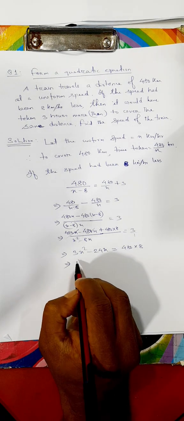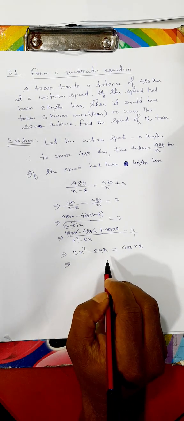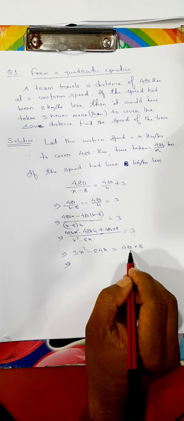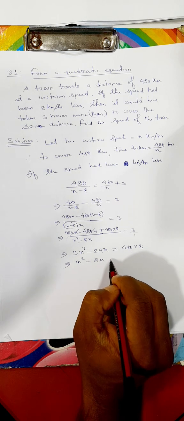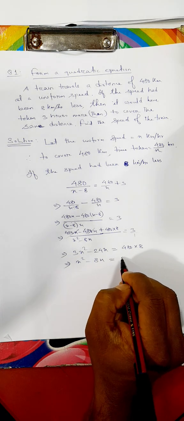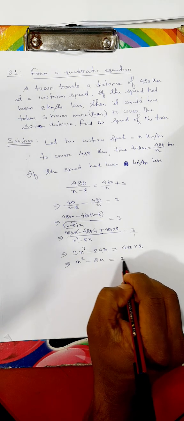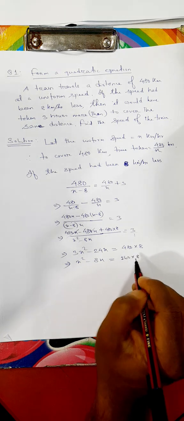Now both sides are divisible by 3. So this becomes x square minus 8x equal to 3 16s are 48, 160 into 8.